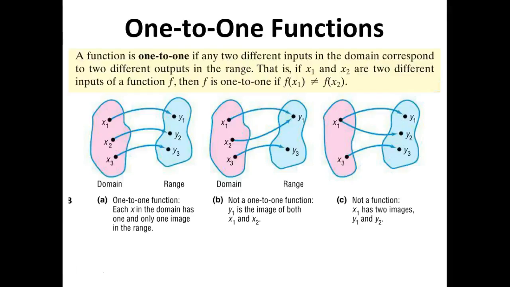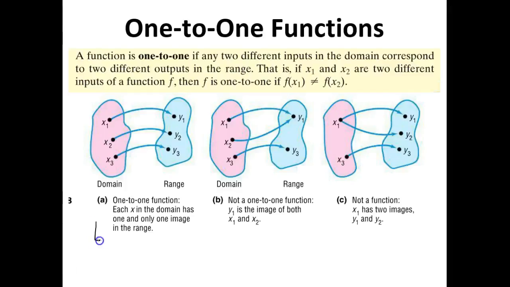A one-to-one function. A function is one-to-one if any two different inputs in the domain correspond to two different outputs in the range. That is, if x1 and x2 are two different inputs of a function f, then f is one-to-one if f of x1 does not equal f of x2. So what that's saying is, no matter what two different numbers we put in, we're always going to get two different outputs.